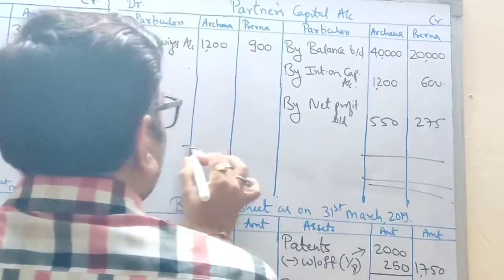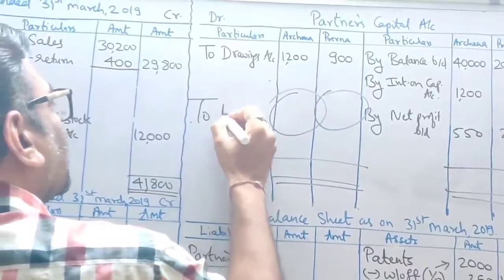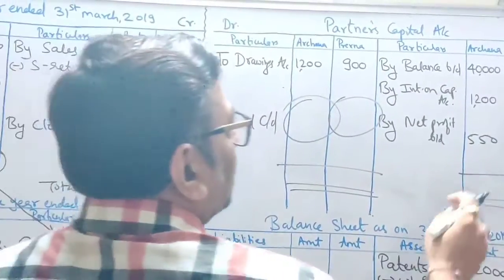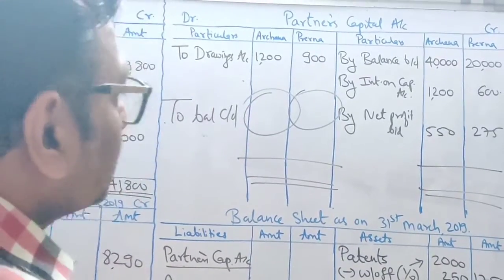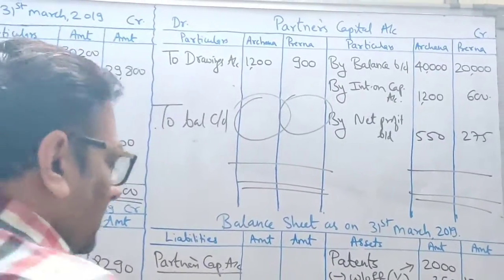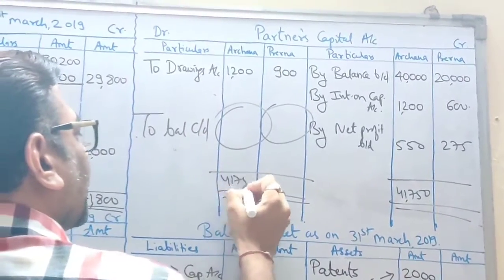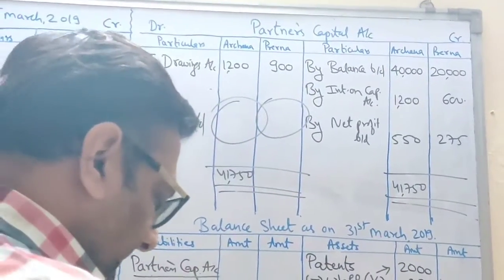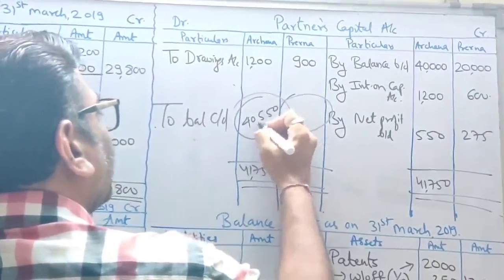Now the total of the partners' capital account. You will write the difference as balance carried down. This side is greater. 41,750. Now minus 1200, 40,550.